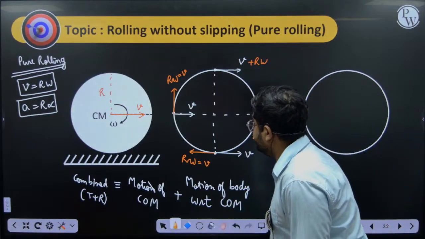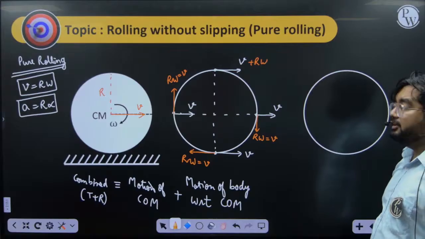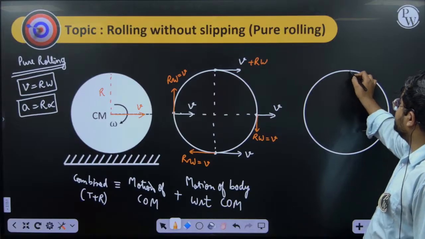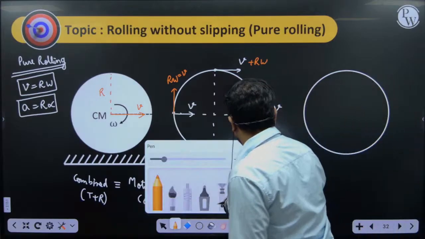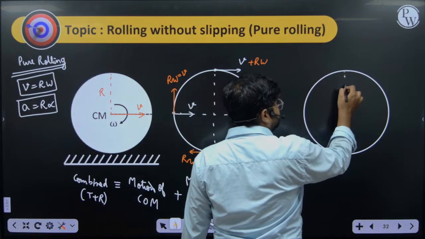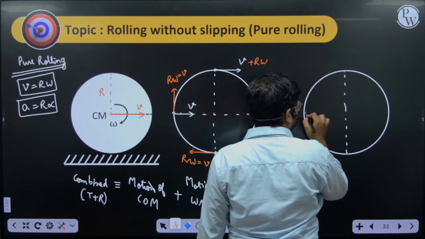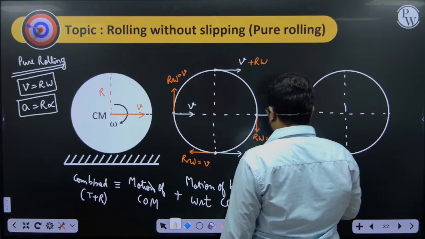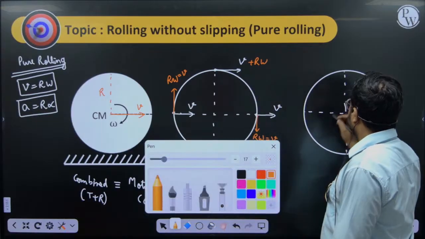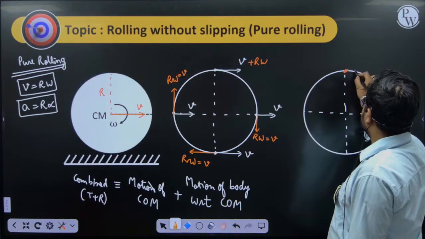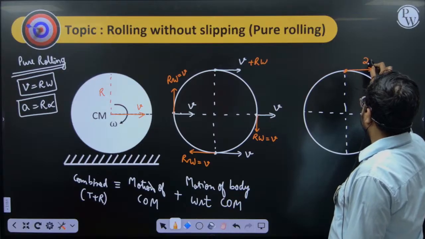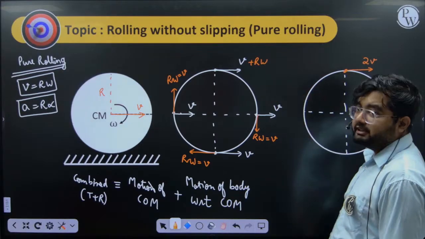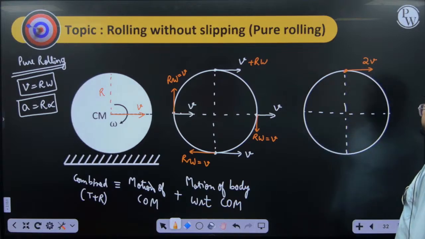If I write the final velocity of these points, this point has speed 2v, because r omega is also v, so v plus v is 2v.